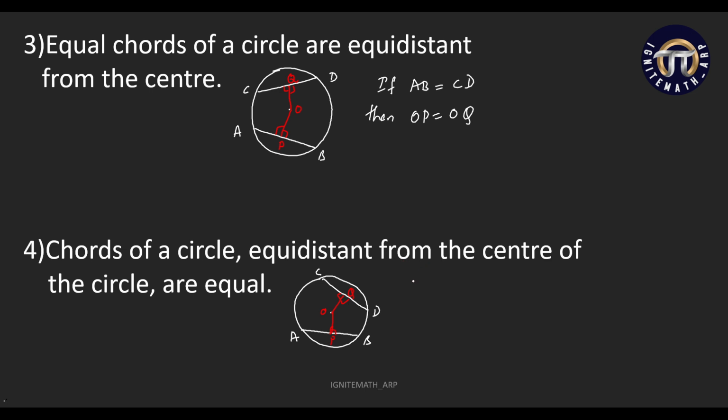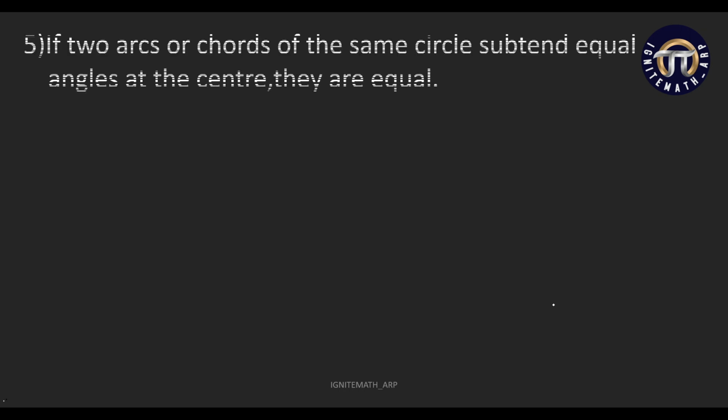So here the two chords AB and CD are at equal distance from the center. If OP is equal to OQ, then they must be equal in length, then AB is equal to CD. It is just the converse of what you have learned. Clear, children? Now let us study the next point.